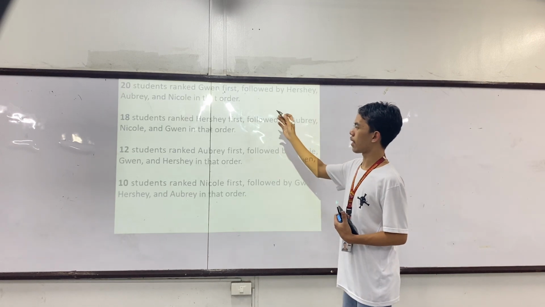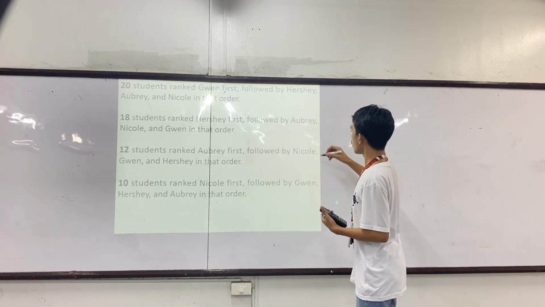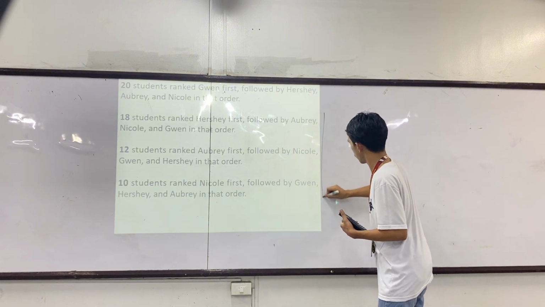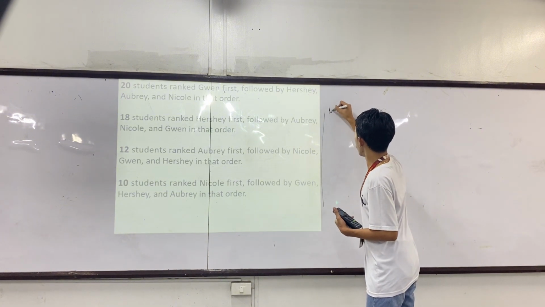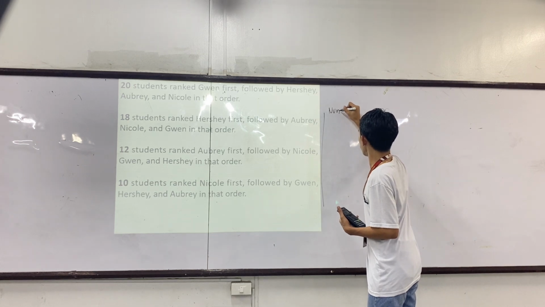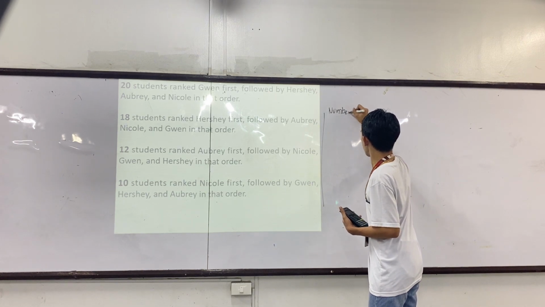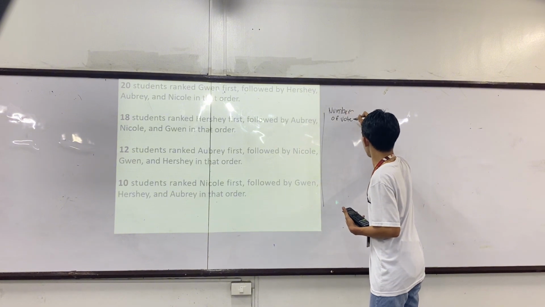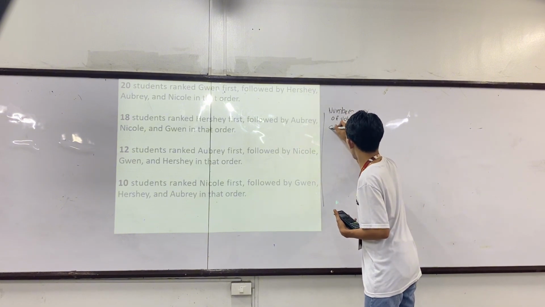So this is the total votes. First, we need to make a table. This is the number of votes and candidate round.